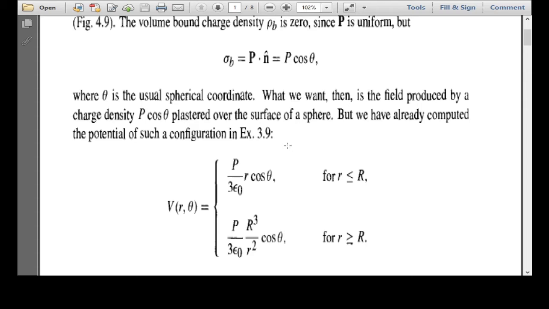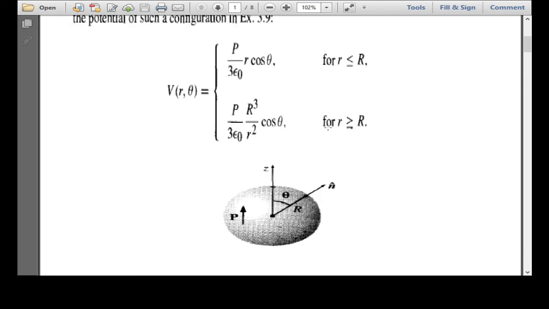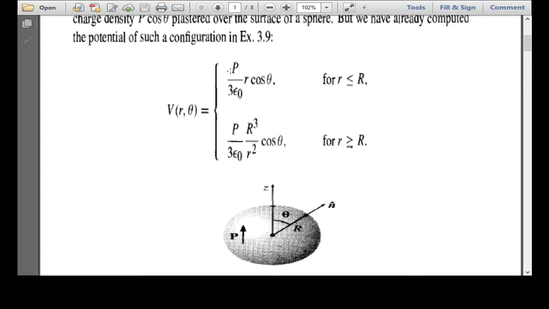See, the potential of the sphere inside and outside the sphere. For inside the sphere it is P by 3 epsilon 0 r cos theta. For outside the sphere it is P by 3 epsilon 0 capital R cube cos theta by r square.